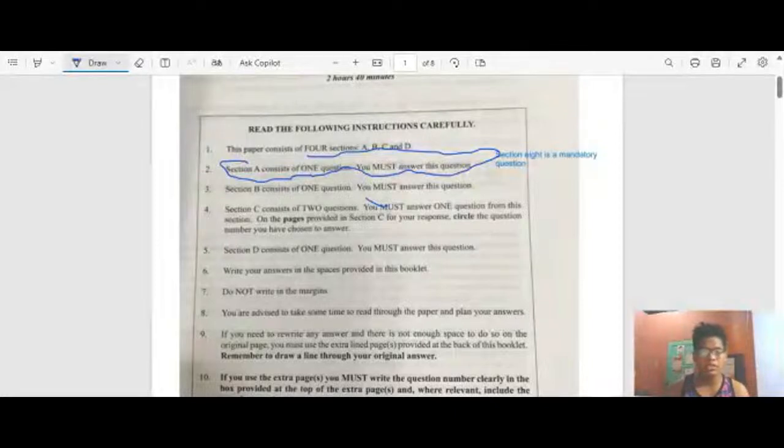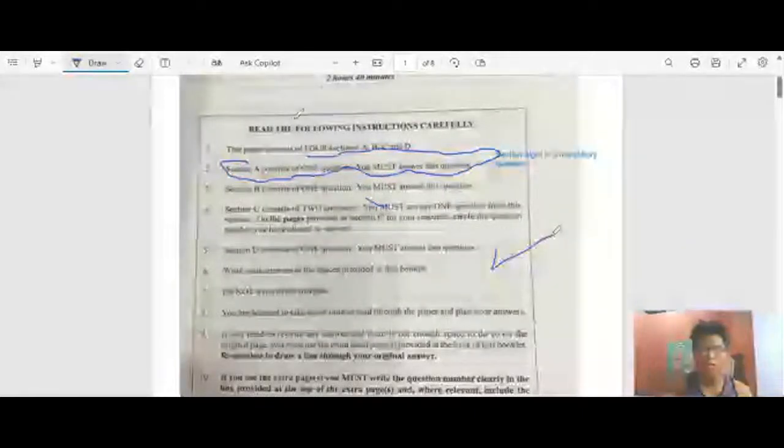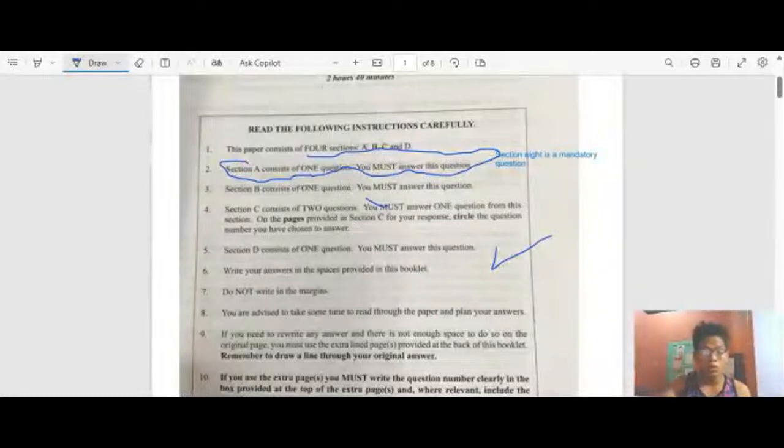You must answer this question. So if you look at it, we have sections A, B, C, and D. A and B, we have to answer those 2 questions. C consists of 2 questions, and you could answer any one of the 2. And section D, you must answer that.